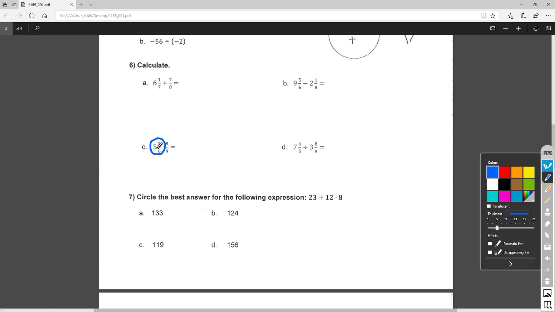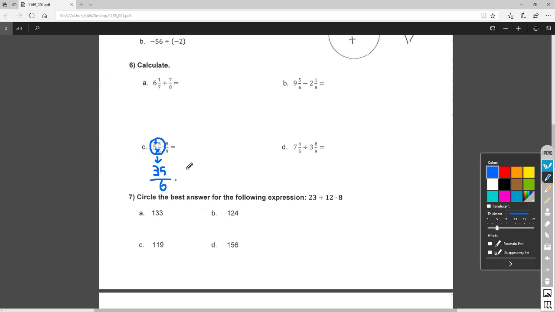Right? So we take our whole number, which is 5, multiply it by our denominator, which in this case is 6, and then from there we get 30, right? And we take 30 and add it to whatever our numerator is, so that's 5. So 5 and 5/6 as a fraction greater than 1 would be 35 over 6.